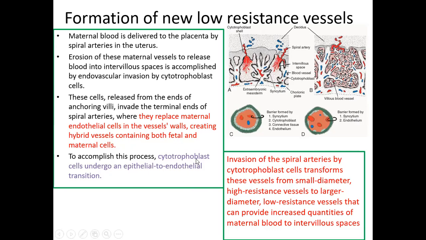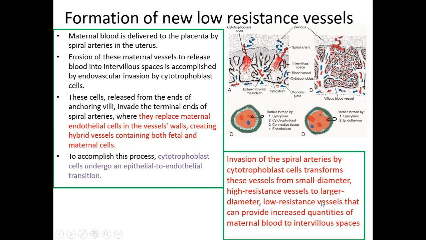To accomplish this process, the cytotrophoblastic cell layer will undergo epithelial to endothelial transition. So the invasion of the spiral arteries by cytotrophoblast cells transforms these vessels from small diameter, high resistance vessels to larger diameter, low resistance vessels that can provide increased quantities of maternal blood to the intervillous space.